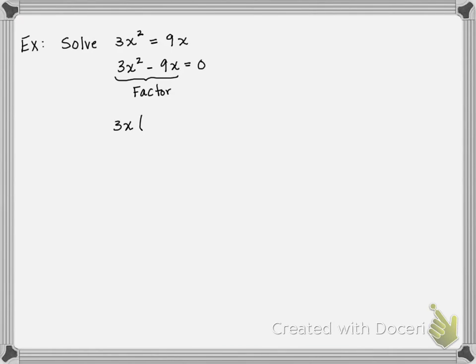So I get 3x times x minus 3 equals 0. You don't factor the normal way you do a binomial? I do factor it the normal way, which is always to factor out the GCF first.